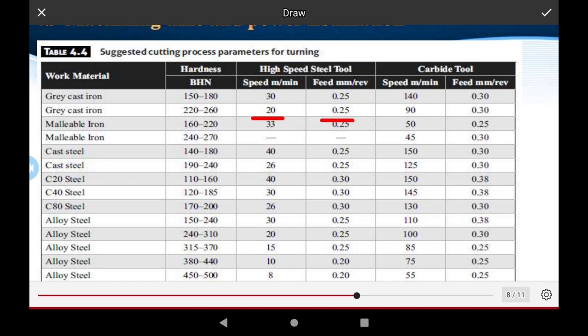Carbide tools are also needed. For carbide tools, the speed is 90 meters per minute and the feed is 0.30 per revolution.